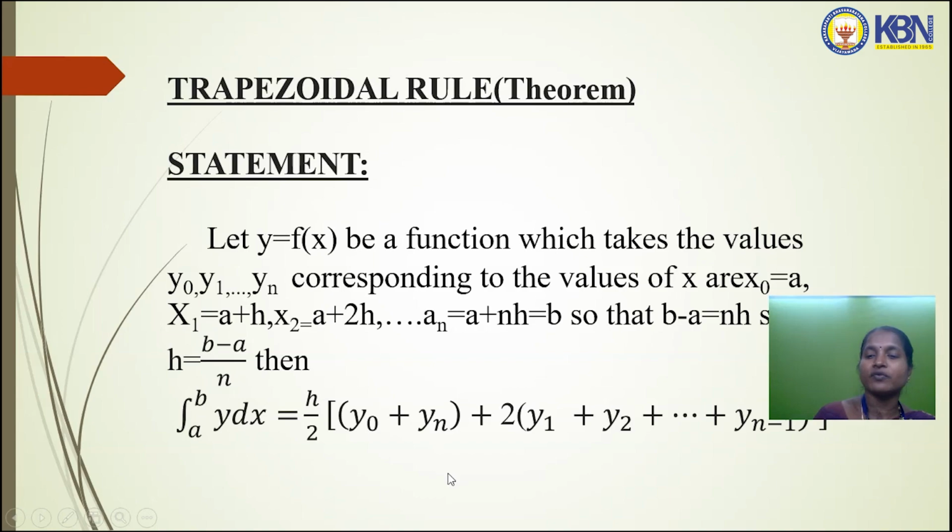Here the y values are y0, y1, y2 and so on up to yn, corresponding to the values of x: x0 is equal to a, x1 is equal to a plus h, x2 is equal to a plus 2h, and so on, xn is equal to a plus nh, which is equal to b. We have to prove the theorem: h by 2 into y0 plus yn plus 2 into y1 plus y2 and so on up to yn minus 1. Okay, now we can see the proof.